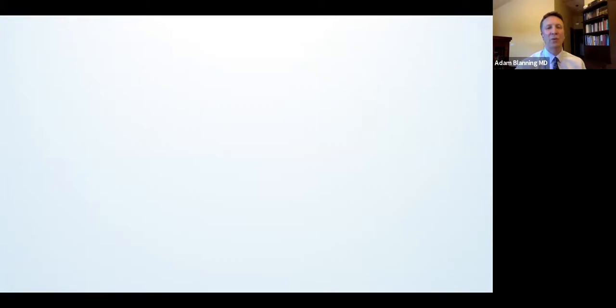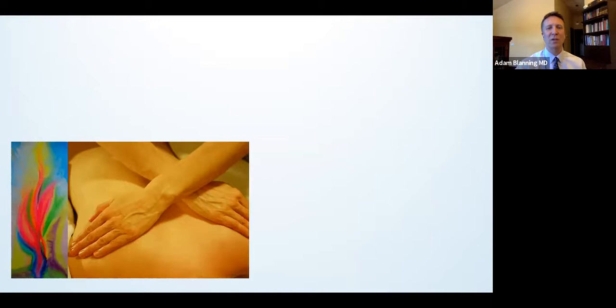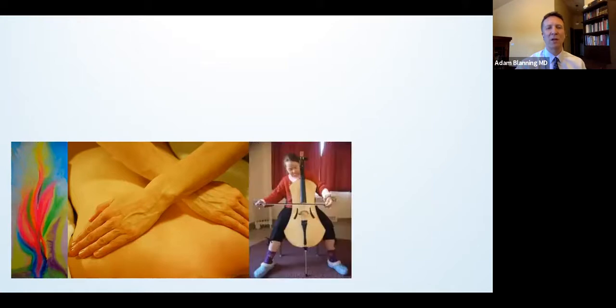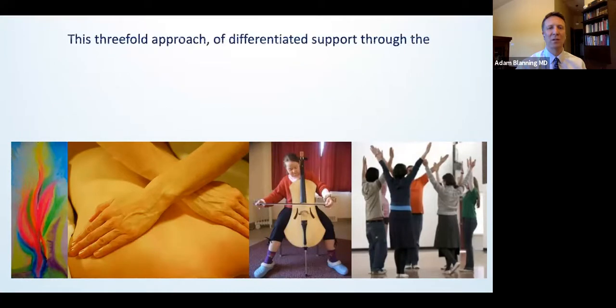Now, this threefold view of the human being, this understanding of dynamic physiology, has also been developed and really refined through many other kinds of therapies, where you can take this differentiation of a nerve sense system, a metabolic limb system, and a rhythmic system, and see how it fits into artistic therapies, massage, music, and movement.